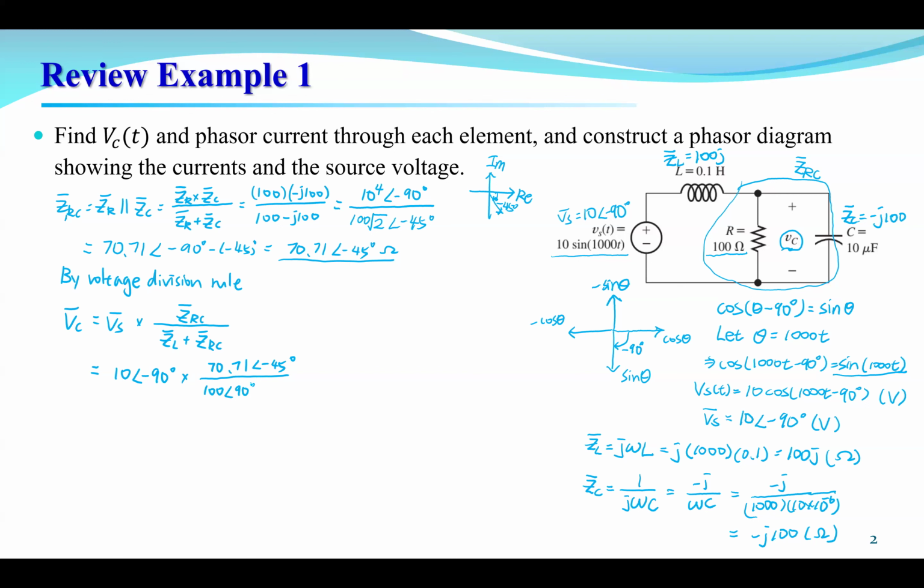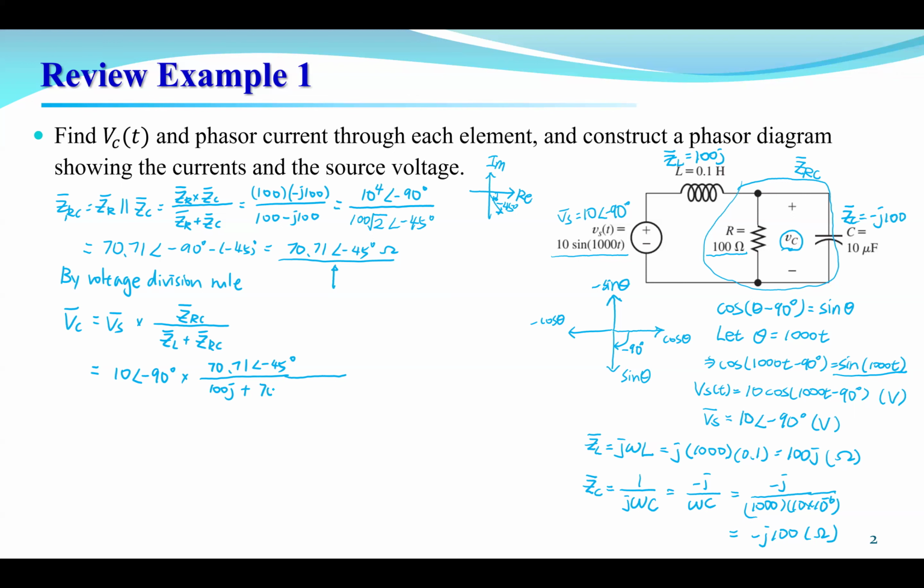Actually, we don't need to convert that, because for the summation of these impedances we need to convert them into rectangular form. ZL is 100j, which is already rectangular, and we need to convert ZRC into rectangular form too.